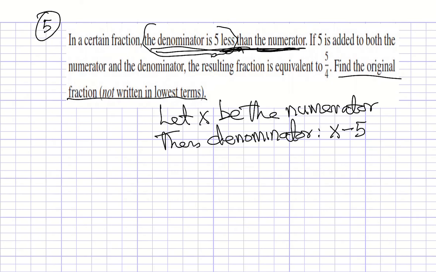So basically this setup here, we can set up like this: numerator and denominator. That's why you gotta understand all the terms. If you understand all the terms, they can't play game with you. You pick it up quick. And then see what else they said. This is just one sentence. If 5 is added to both the numerator and denominator, the resulting fraction is equivalent to that.